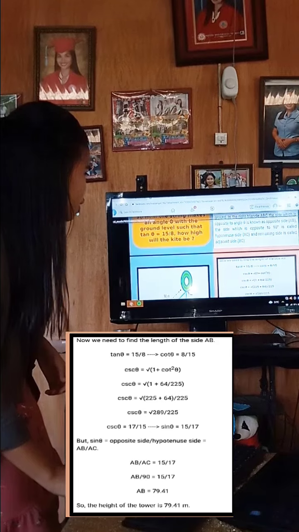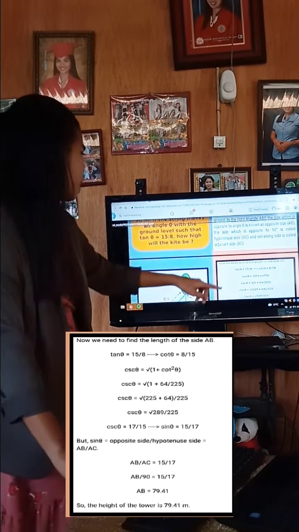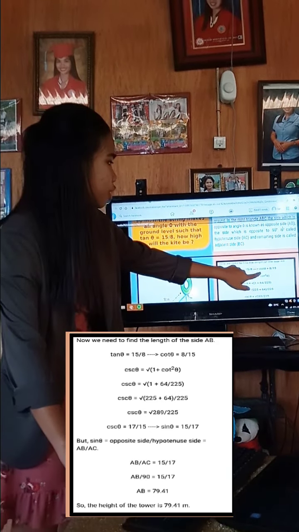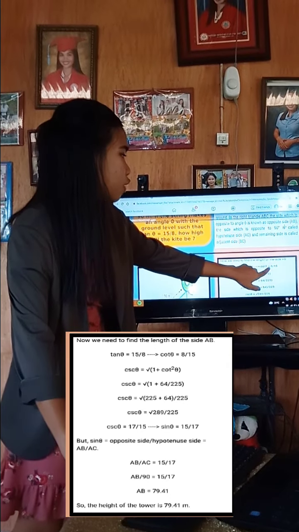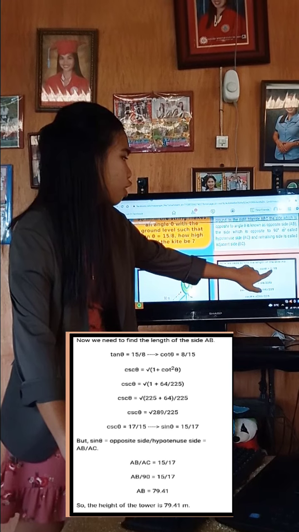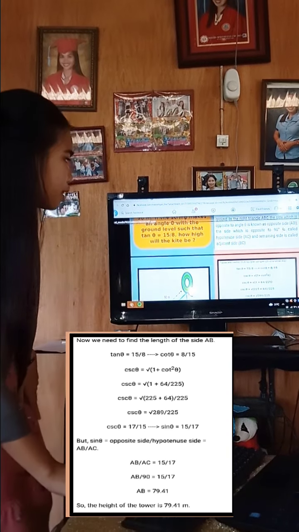So tangent theta equals 15 all over 8, and the cotangent theta is equal to 8 all over 15.